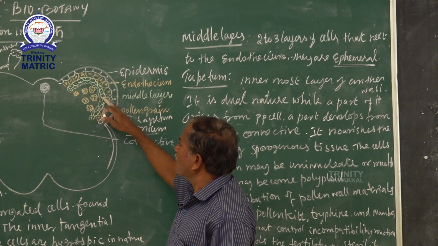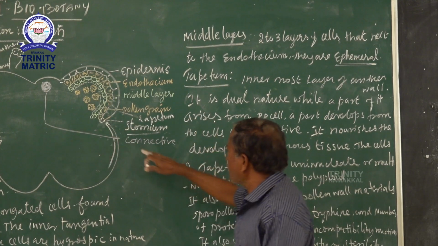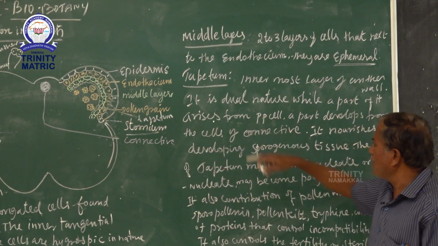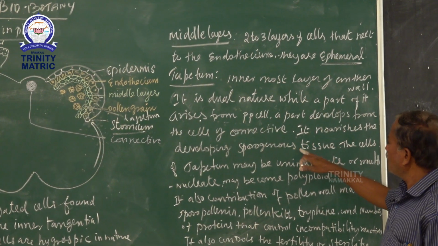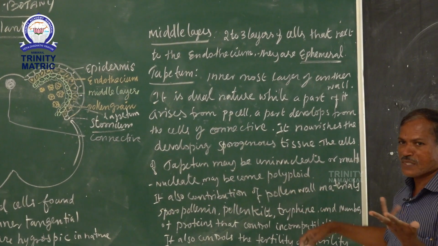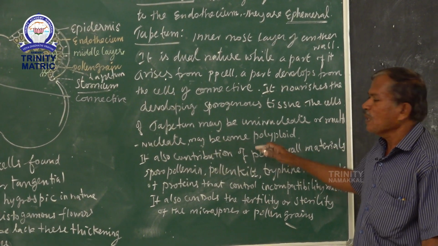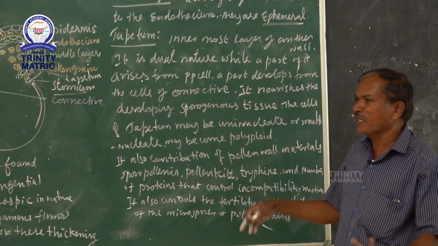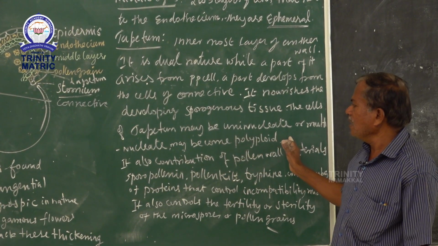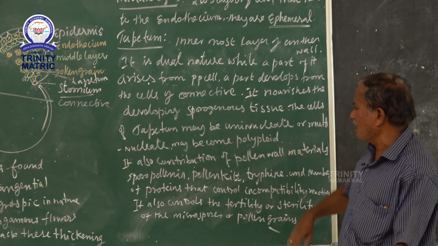The cells of the tapetum may be uninucleate, a single nucleus, sometimes many nuclei, and sometimes it becomes polyploid. The cell has more than 6 or 7 nuclei. There is no cross wall formed, so it becomes polyploid.